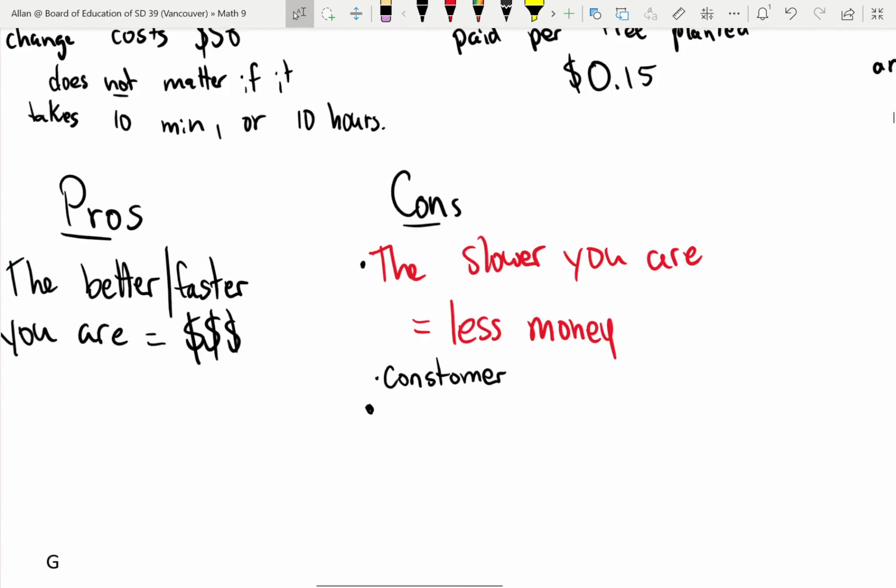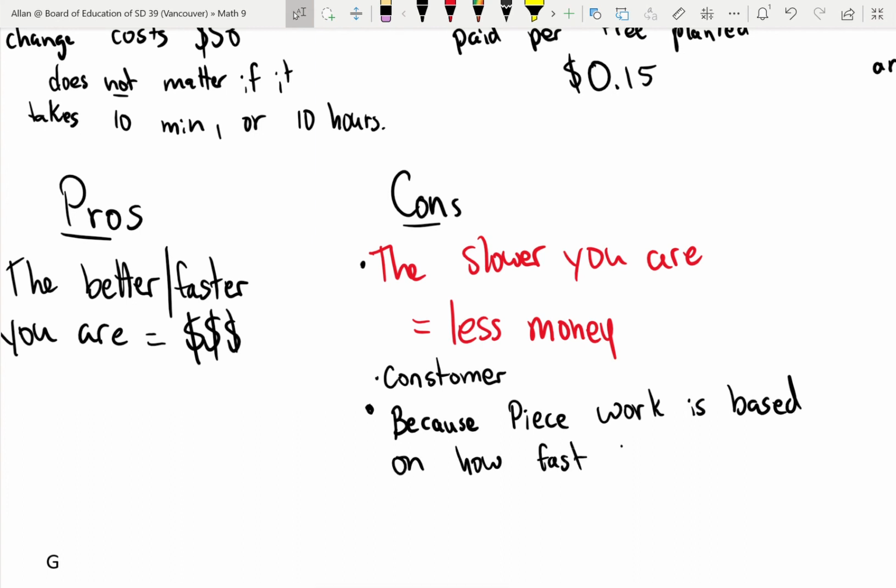And this is one of the things that you need to be aware of. Because piecework is based on how fast something is done, meaning the faster you get the job done, the sooner you can move on to something else and then get paid for that. The faster you are, the more money the person's going to make.